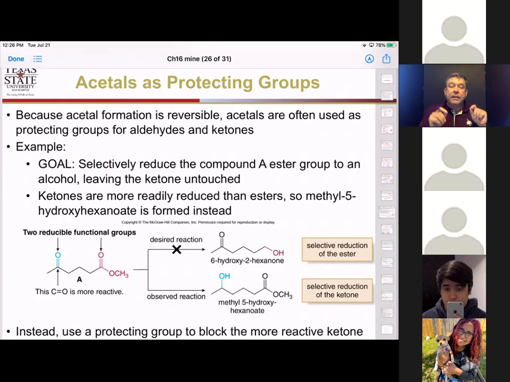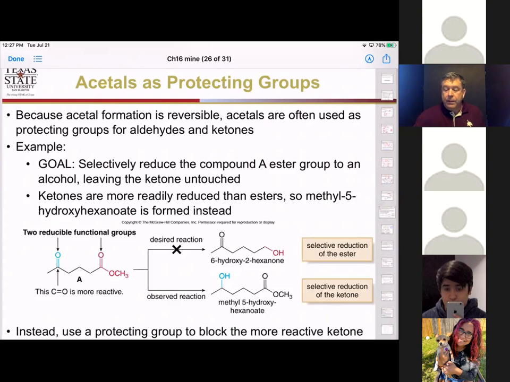However, if we wanted to selectively reduce our ester, the ketone would react first if we added lithium aluminum hydride. So what we have to do is take out the carbonyl character of that carbonyl temporarily and then regenerate it at the end. So if we wanted to selectively reduce the ester, we would have to protect that carbonyl carbon.